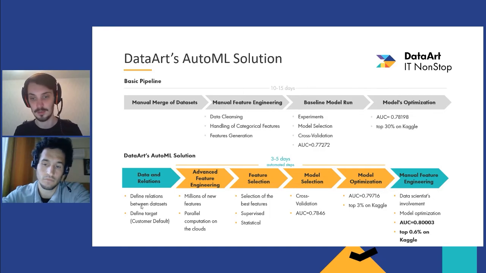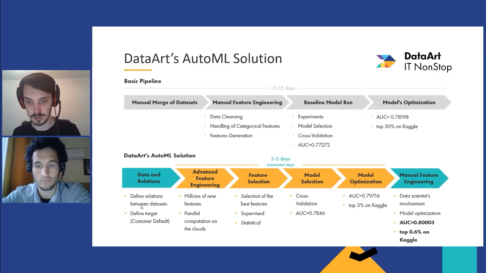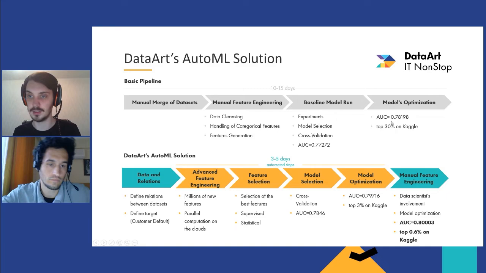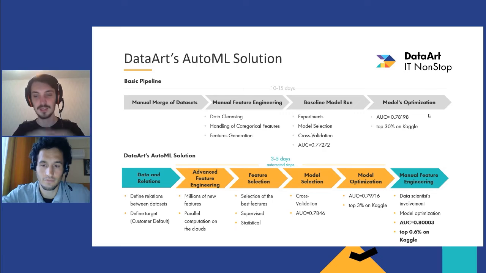Also, we have a model selection stage, which does cross-validation. And on this stage, we got an AUC metric of 0.784, which was even higher than the highest metric on the last step of the manual pipeline. But we didn't stop here. We got some model optimization techniques.